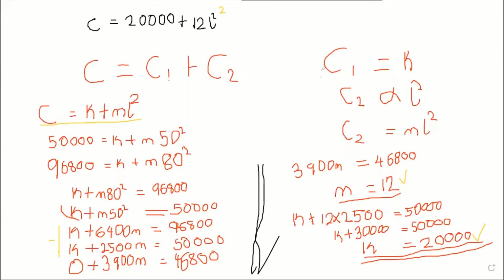So we substitute them in this: C1 is K and C2 is ML squared. So I wrote it again as C is equal to K plus ML squared. Does that answer his question?